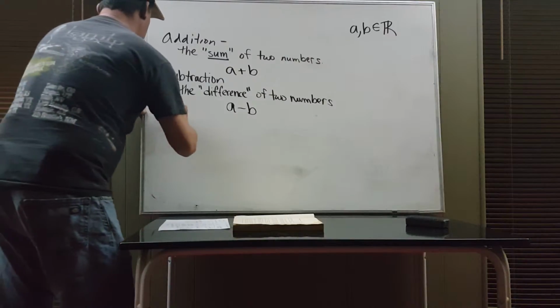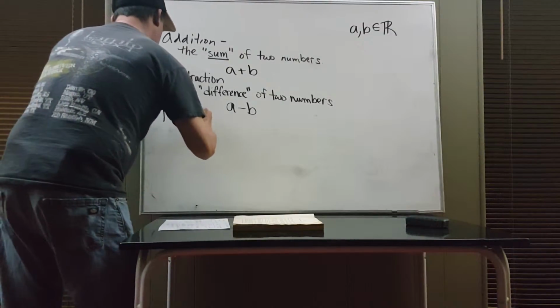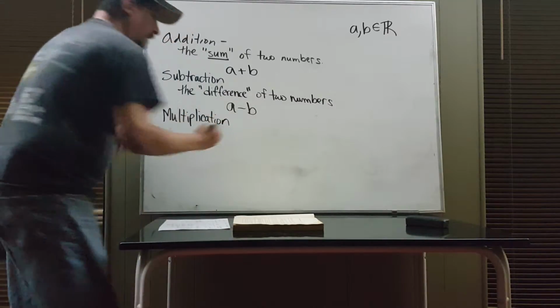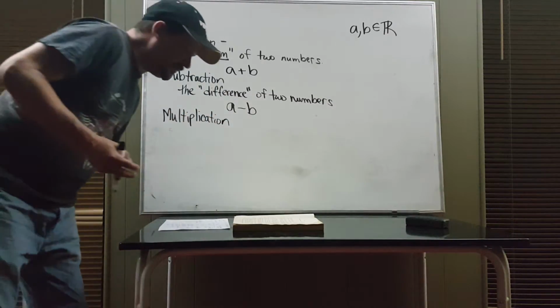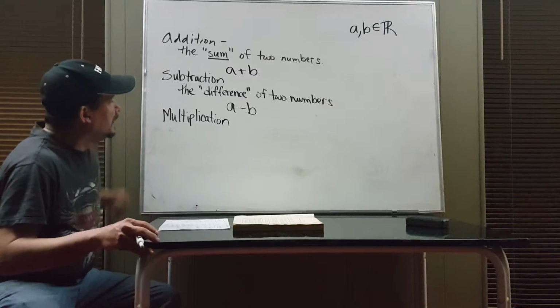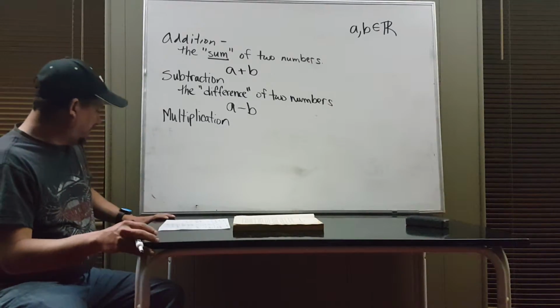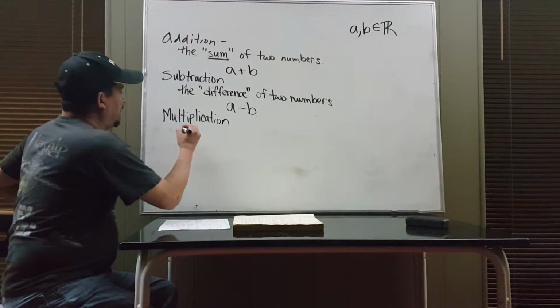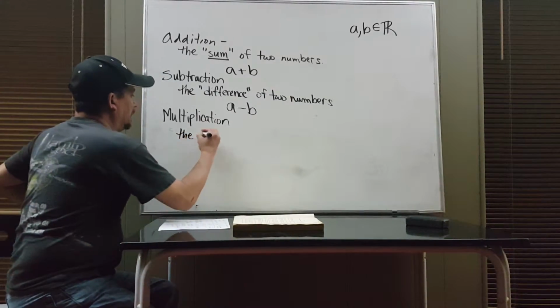Now, the third operation is multiplication. And multiplication, some of the notation that we use in algebra, a lot of people get tricky with multiplication. And multiplication is the product.